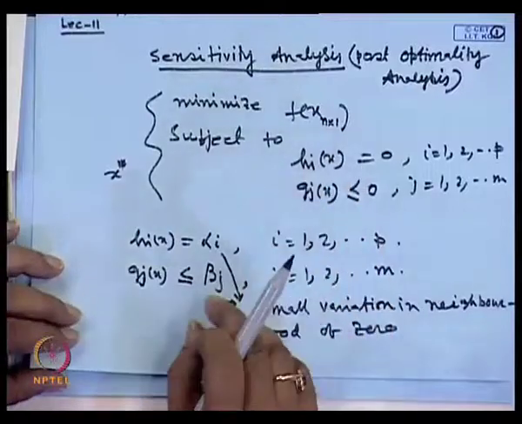And we have seen that if the cost function is multiplied by some positive scalar quantity, then its optimum point does not change, agree.